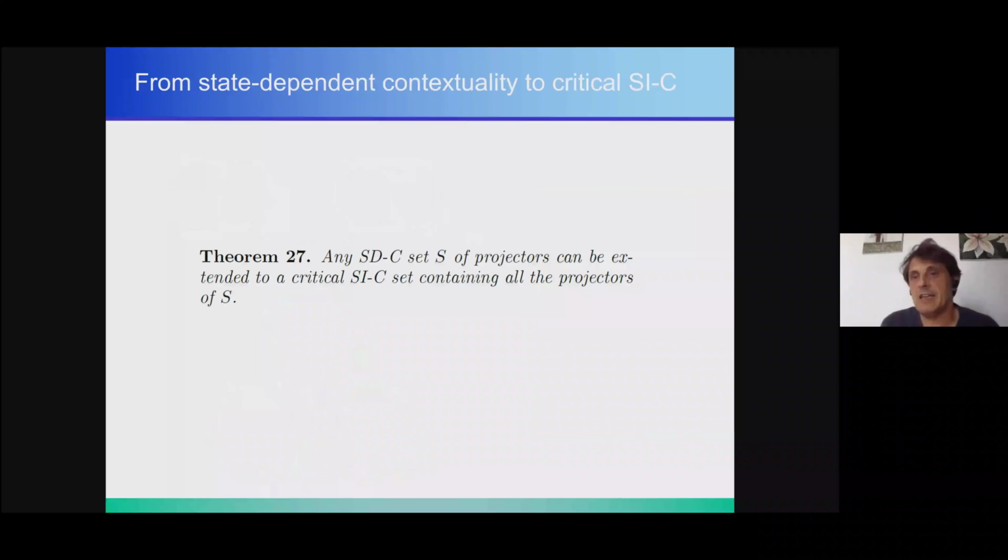And these sets are key for proving this result, which is the most technical part of the work: any state-dependent contextuality set of projectors can always be extended to a critical state-independent set containing all projectors of the initial one, and I insist, being critical.